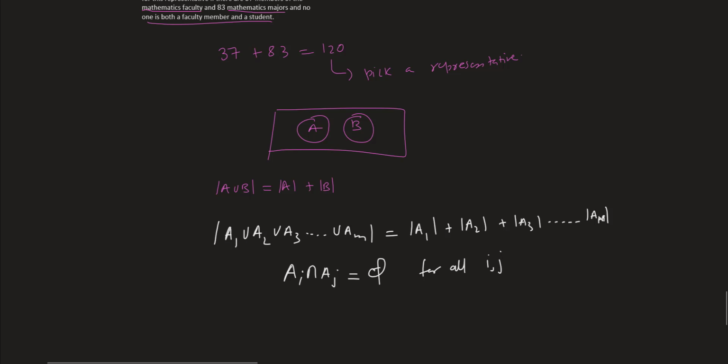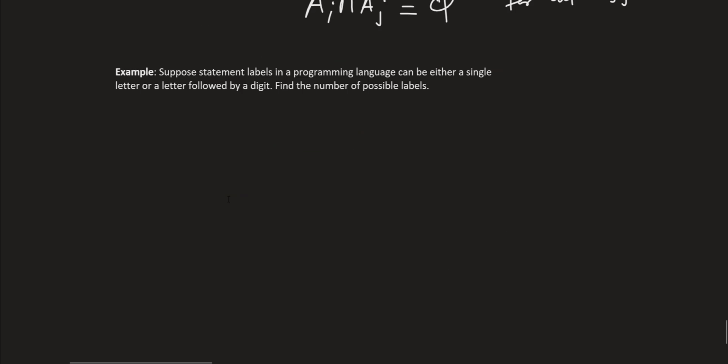Now there are also cases where we combine the product rule and the sum rule. Let's take a look at this example. It states that suppose statement labels in a programming language can be either a single letter, which means we can choose from A to Z, or a letter followed by a digit.